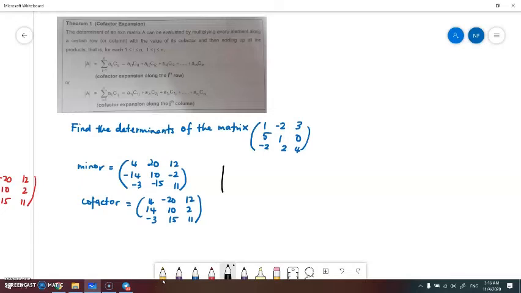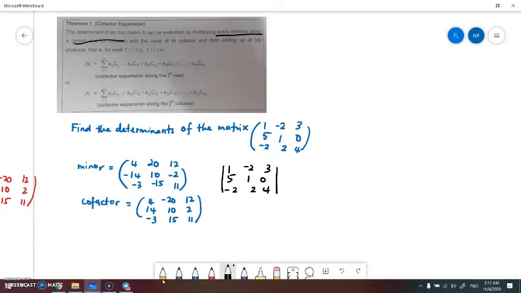Find the determinant of 1, negative 2, 3, 5, 1, 0, negative 2. As mentioned here, you have to multiply every element along a certain row or column. If you have 3 rows and 3 columns, you can use any row or any column.